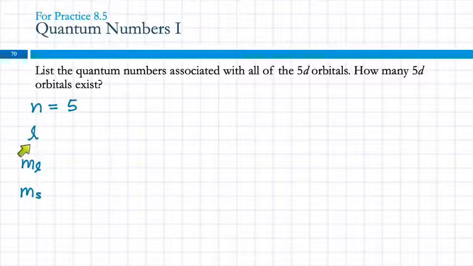L tells me which room it is from the elevator. Is it the first one? That's the S room. Is it the second one? Is it the third one? So this is the 4th one, but the l numbers start at 0. 0, 1, 2, 3. So this would be l equals 3.